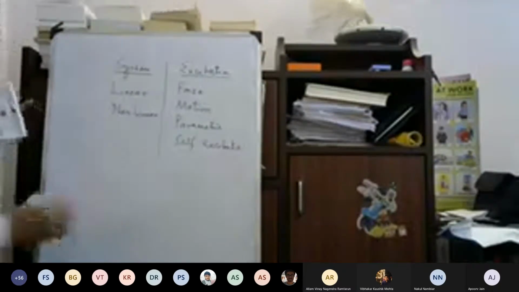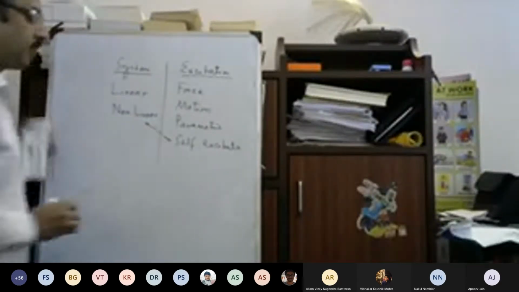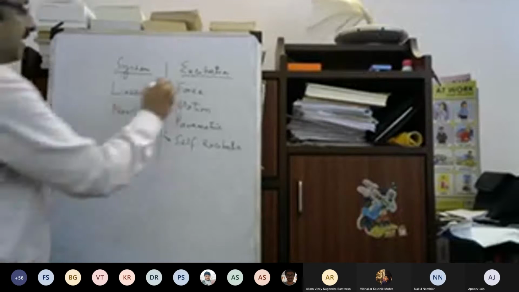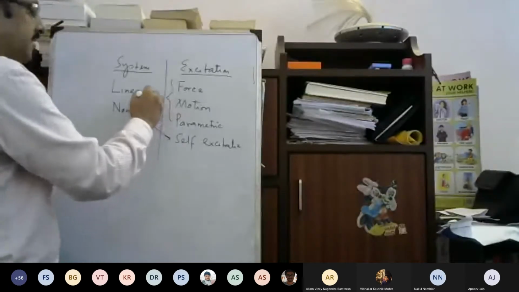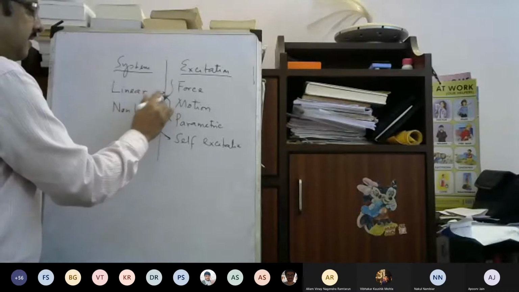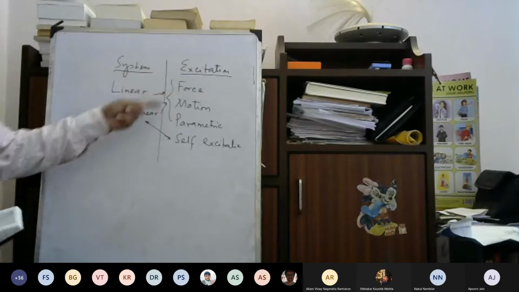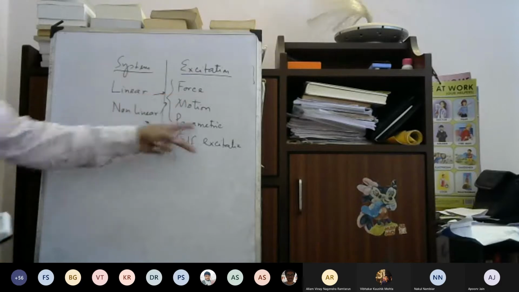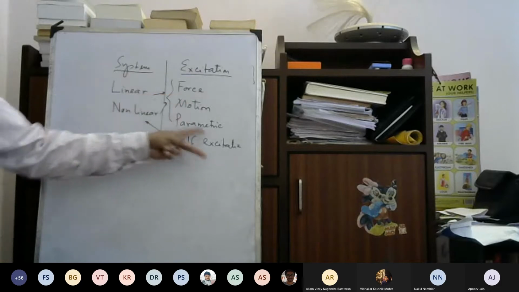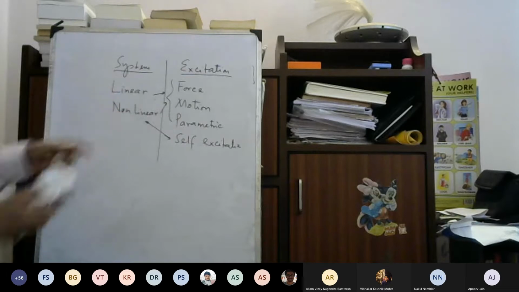What I say is that self-excitation normally takes place for the nonlinear system, so we need to know the nonlinear model. But all this can be actually either for the linear or nonlinear. Linear or nonlinear, both can have this kind of excitation. But the self-excitation is exclusively for nonlinear system. Okay, that's what I said.